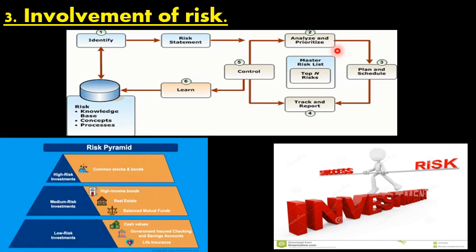Then come LICs, next priority, and then you can give priority to mutual funds. Then come gold or real estate. Then you can go for the stock market, the speculation.